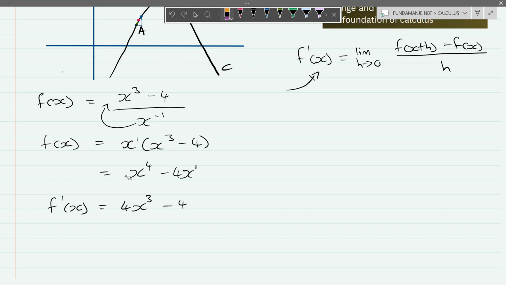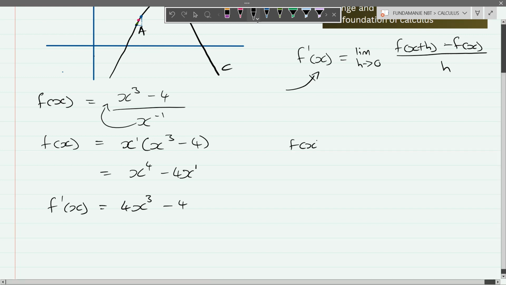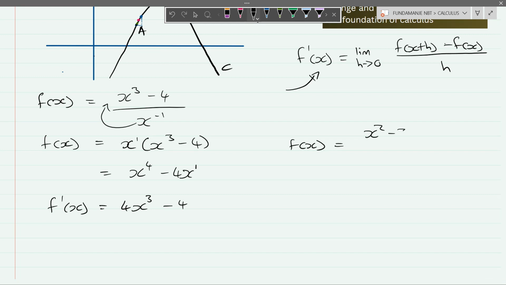So always, if you're given something complicated in terms of x, such as x squared minus 3x plus 1 all over square root x, move the square root x outside, out of the denominator, even if you have to make the power negative.